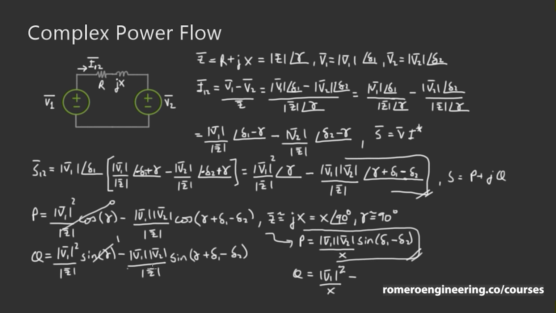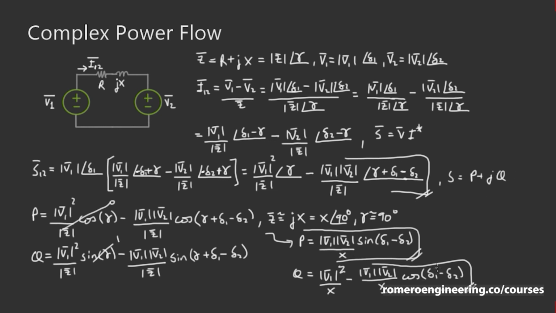I can say that minus sine of 90 degrees is equal to minus cosine, and then I take the gamma out. So I can say then that this is minus V1 absolute value, V2 absolute value over x times the cosine of delta 1 minus delta 2. So this then is the expression for the reactive power flow through a transmission line. Again, this is all assuming that the resistance is negligible with respect to the reactance.